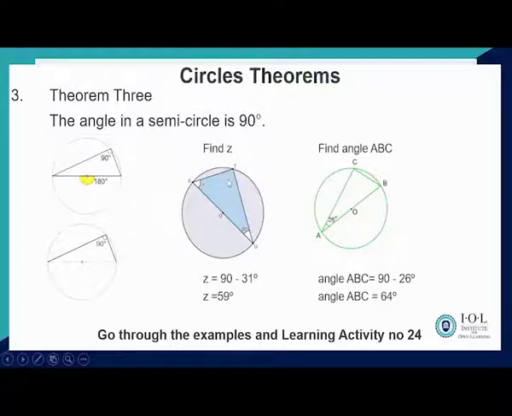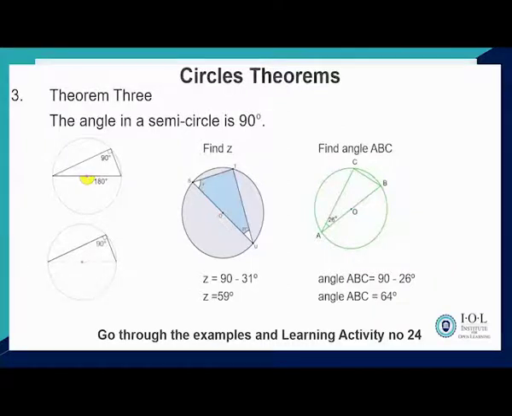We have to find Z in that first question. I have the 31 degrees. Now, please remember, the sum of angles of a triangle is 180. If the one is already 90, what's left? Just 90. 180 minus 90 is 90. So what do I do? I just subtract the 31 from 90.